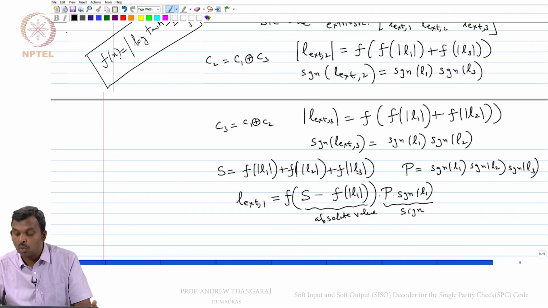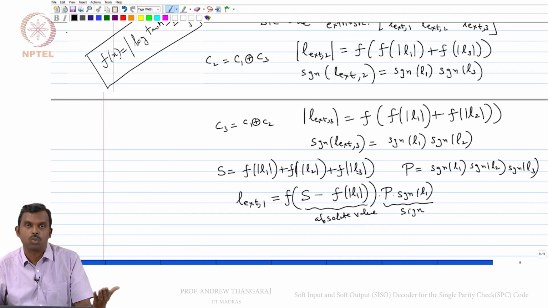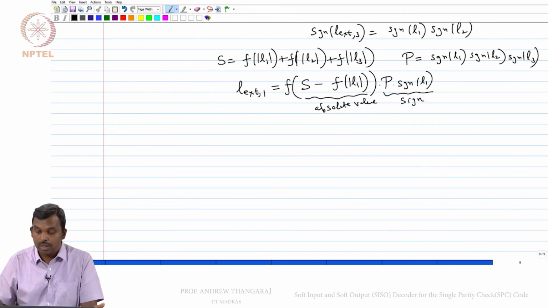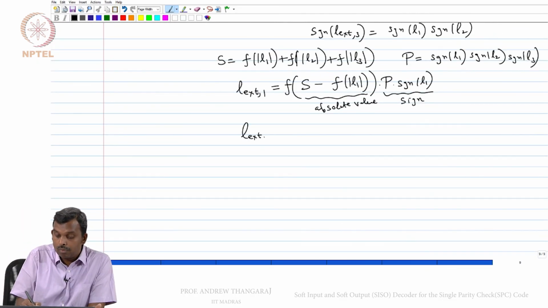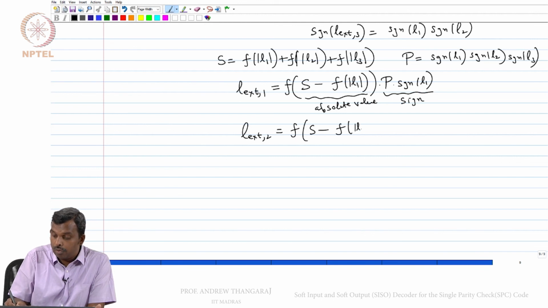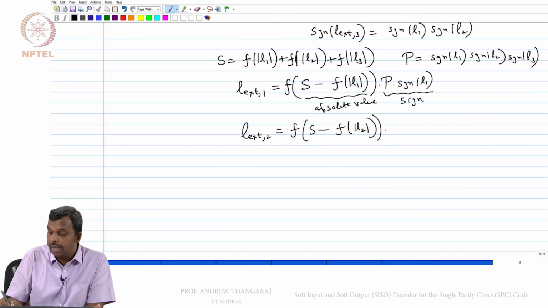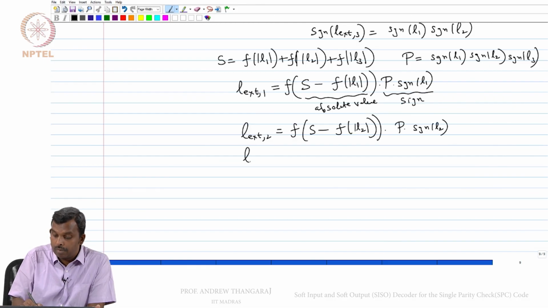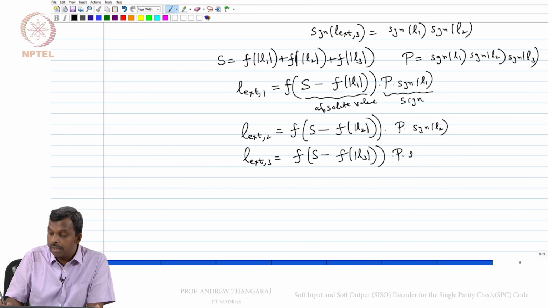So, this will become sign squared of L1, but sign squared of L1 is just 1. Okay. So, it will just be sign of L2 times sign of L3. Okay. So, likewise you can also find Lx2, which is f of S minus f of L2 times P times sign of L2, and Lx3 is f of S minus f of L3 times P times sign of L3.